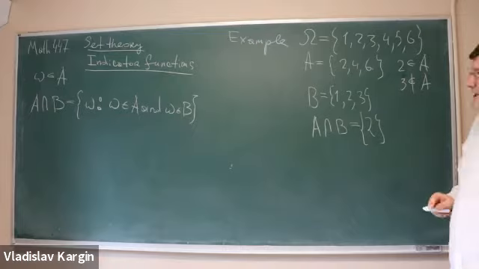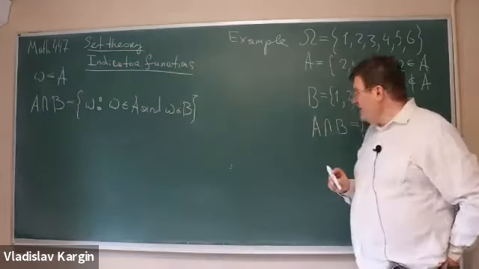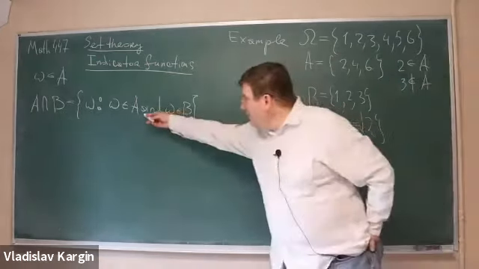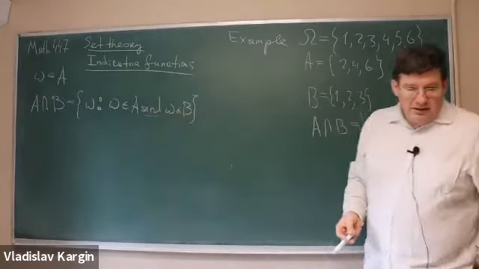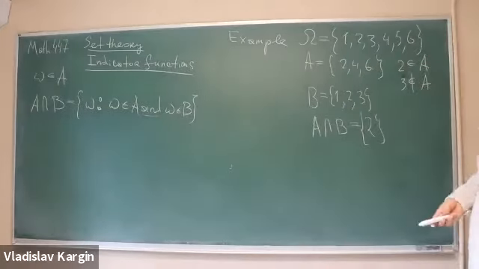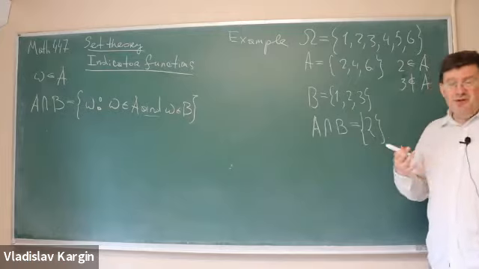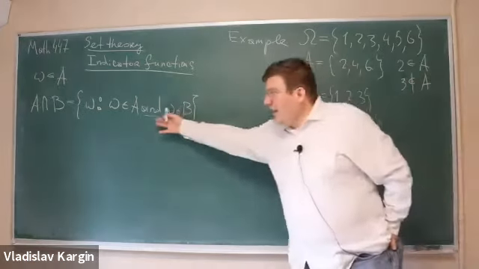So this is intersection. Here is a small thing that is implicit: we know what AND is. But if you're a mathematician, you can ask, what do you mean by AND?